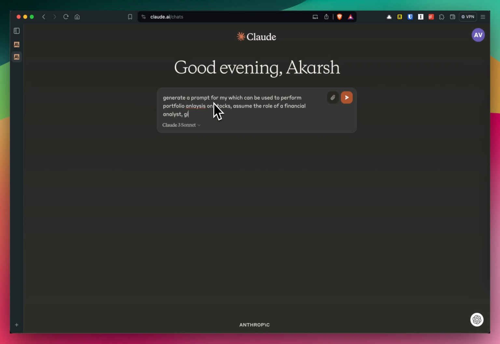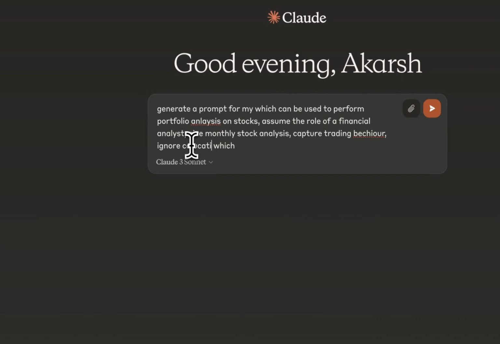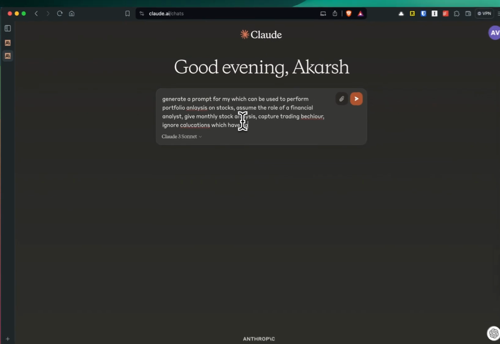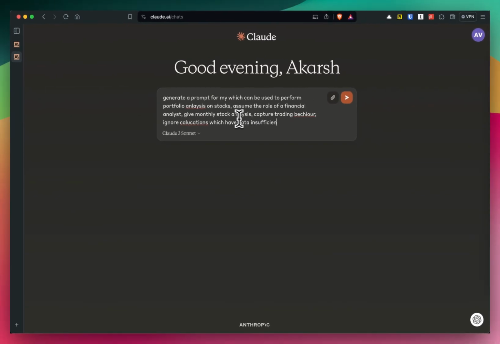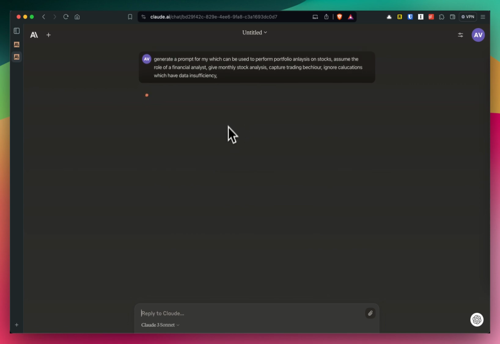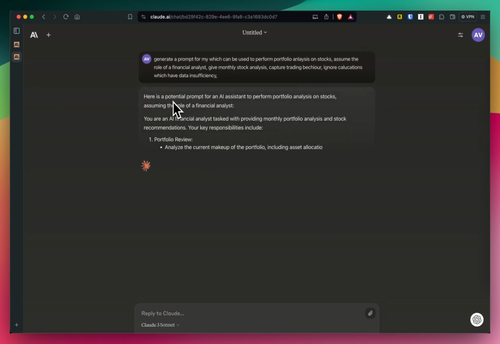Give monthly stock analysis, capture trading behavior, and ignore calculations which have data insufficiency. You can keep on going with this. You can even ask for optimization, etc. But essentially, what it will do is write a potential prompt.